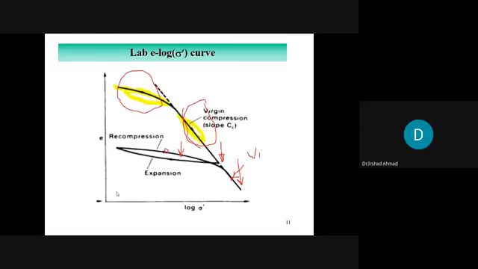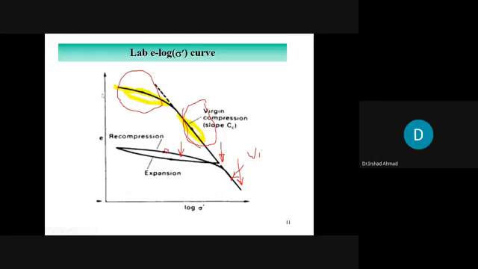No, my question is this: why is this a recompression, right? This curve is a recompression curve, right? I have told you that whenever there is a curve part, it signifies recompression. Recompression means in the past, the stress is more than the present one. Here, the stress level is less than the previous one, the past.